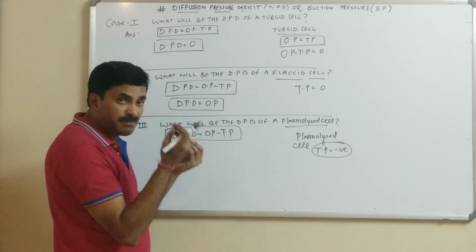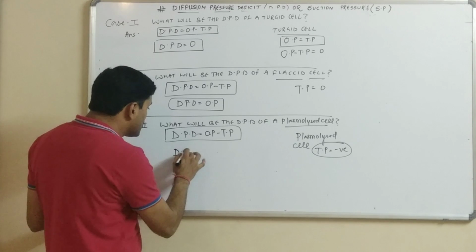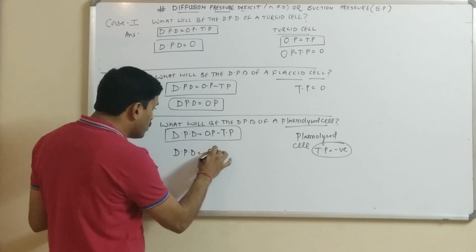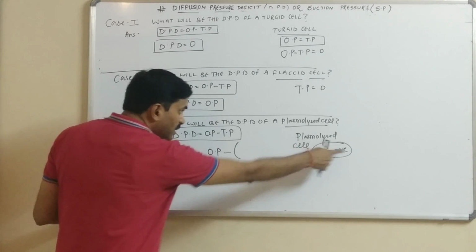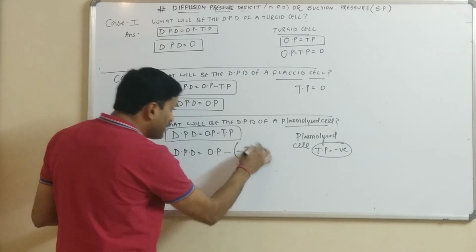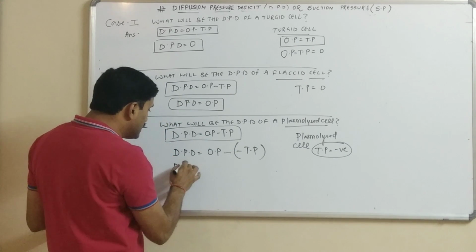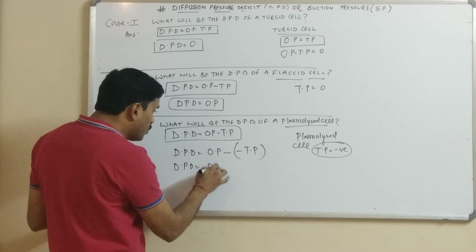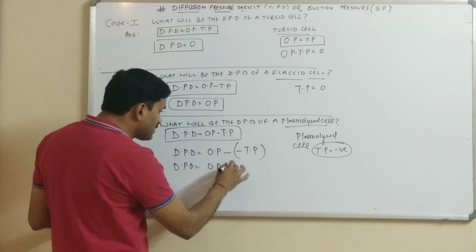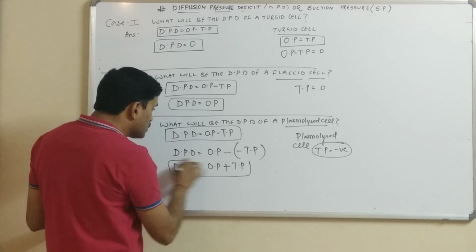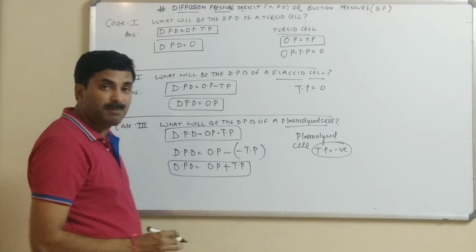So there will be a little change in the formula. Substitute: DPD is equal to OP minus, now TP is negative here, so minus TP. Open the brackets, DPD is equal to OP plus TP. So the DPD of a plasmolyzed cell is OP plus TP.